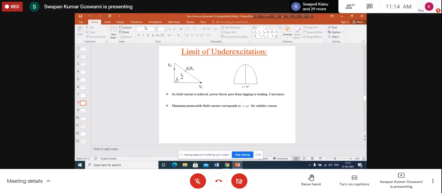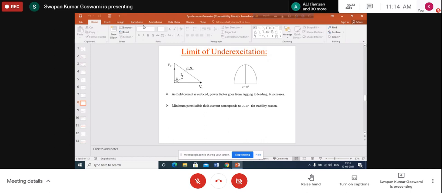Then the generator will have to consume reactive power, because the generator will then become a load. In respect of reactive power, the generator will behave as a load. In respect of active power, it will obviously be a generator, but in respect of reactive power, the generator will now be consuming reactive power. How? The excitation of the generator will be reduced.